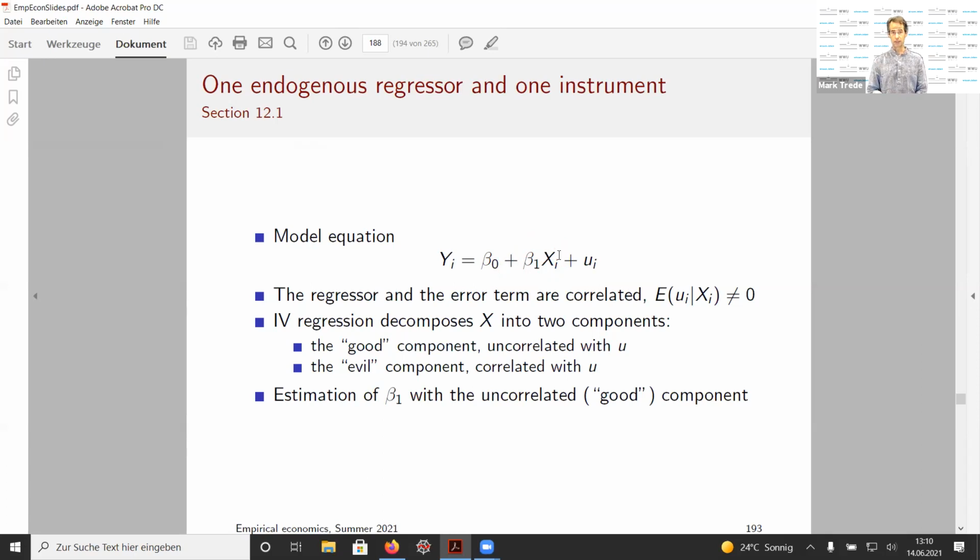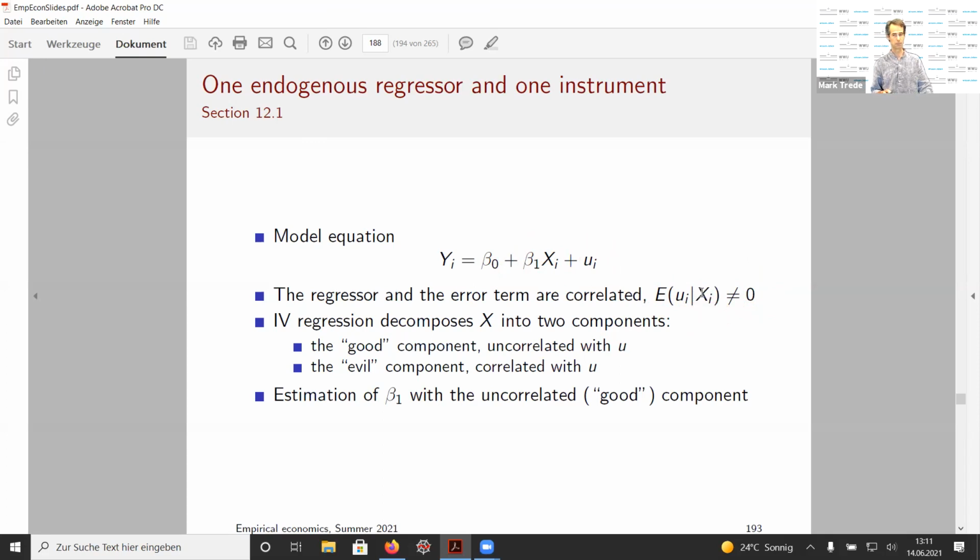And we assume, in contrast to what we did before, that there's correlation between the regressor x and the error term. So we assume that assumption number 1 is violated. Assumption number 1 states that the conditional expectation of the error term for all values of x is 0. But we assume that the conditional expectation might differ for different values of x.